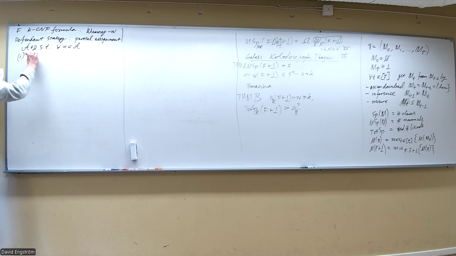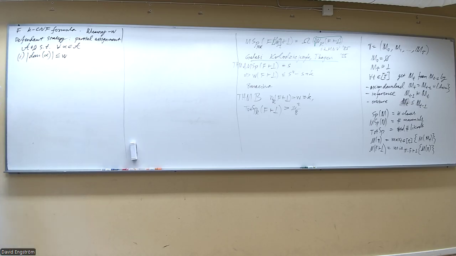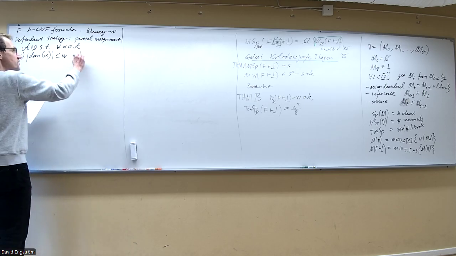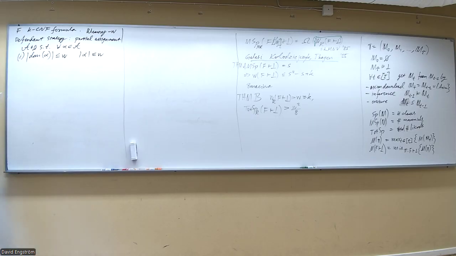So firstly, the size of the domain of any alpha is at most W, because we only need to play up to memory W. In fact, to save typing from now on, I'll just write the size of alpha to denote the size of the domain of alpha, just because that saves me at least 5 characters.